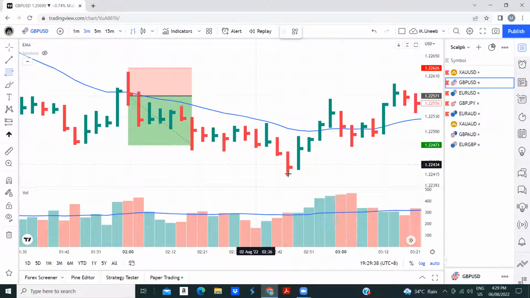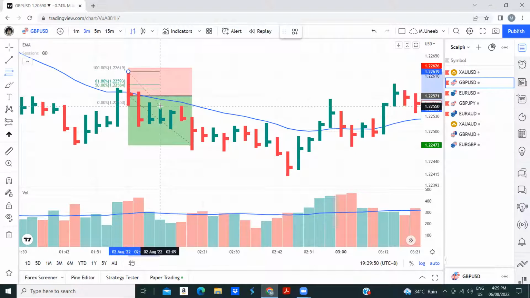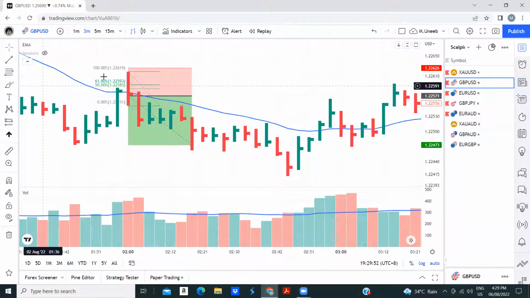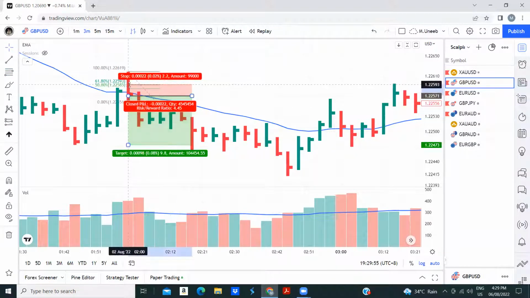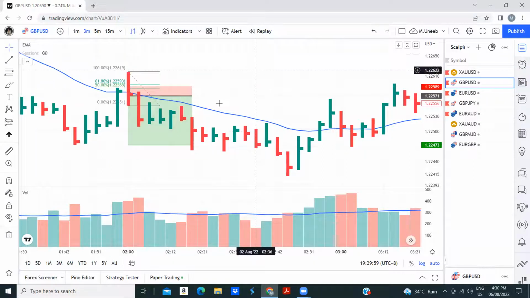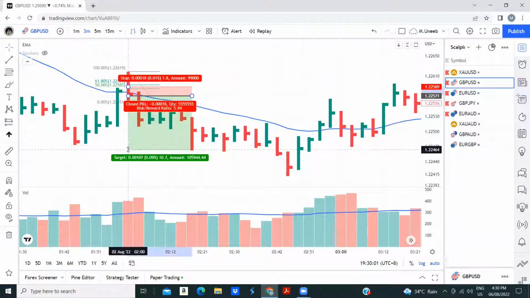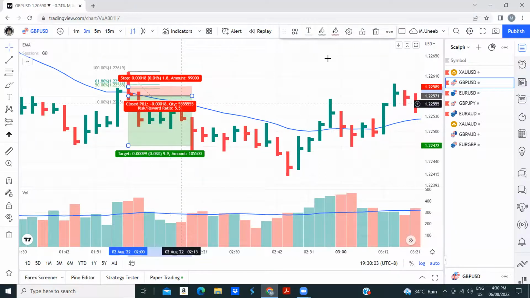We did not reach 2R, but we can get 2R right over here, but you have to wait for the market to retrace, and then it's a flat market, and it will take some time to reach the target. But if I just measure from down to up, and I bring my stop loss right over here, now this becomes 5.5R.